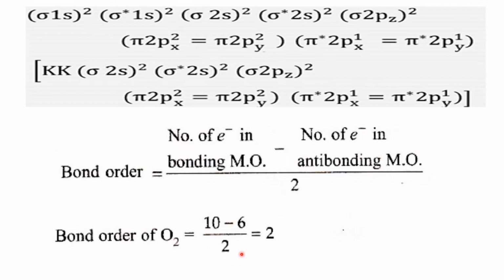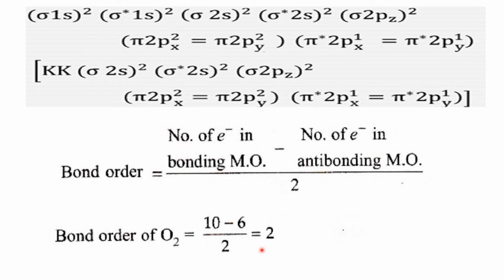So their difference divided by 2 will give you a bond order of 2. The bond order is 2. This clearly shows that oxygen molecule contains a double bond. One is a sigma bond and another is a pi bond.